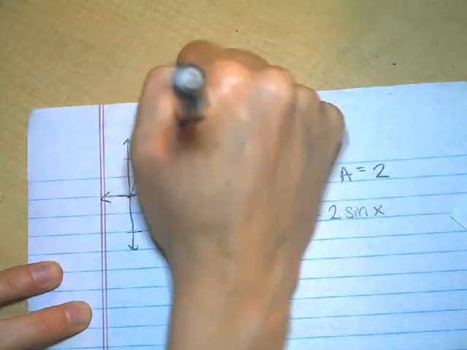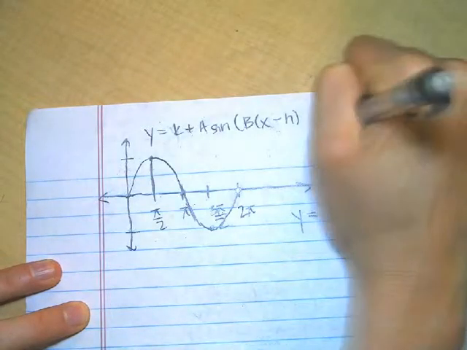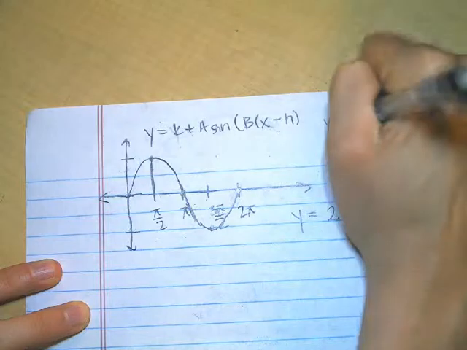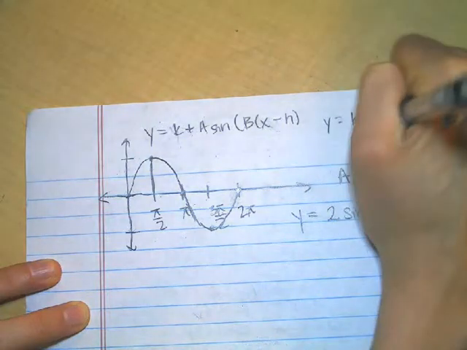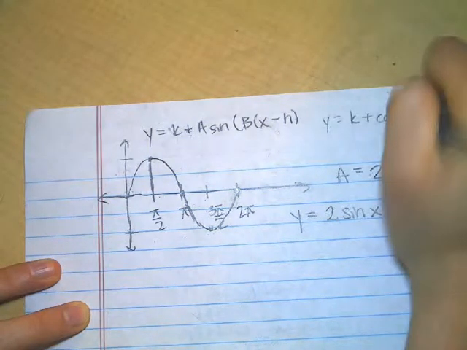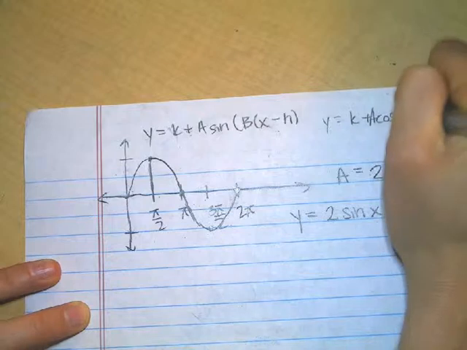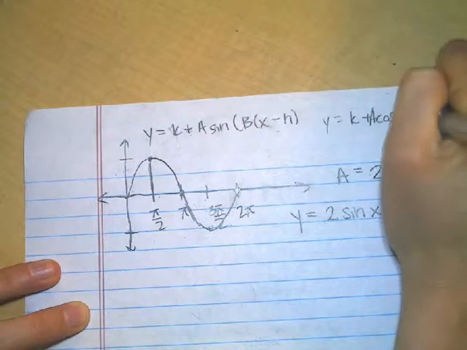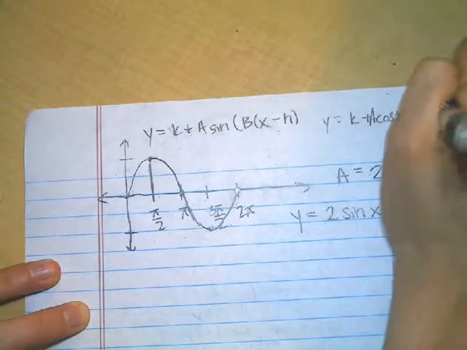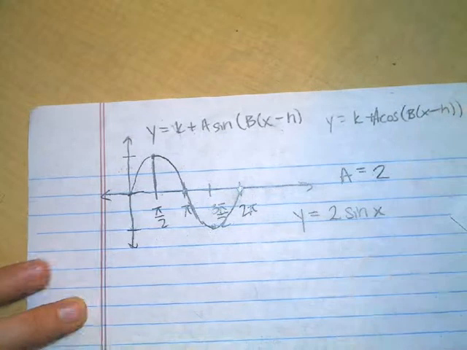See, look. This is the original. This thing got pushed up 1. So it moved up 1. That means our k value is 1.